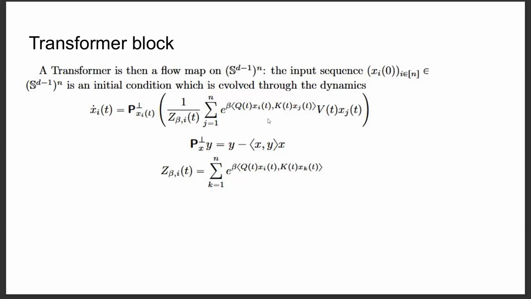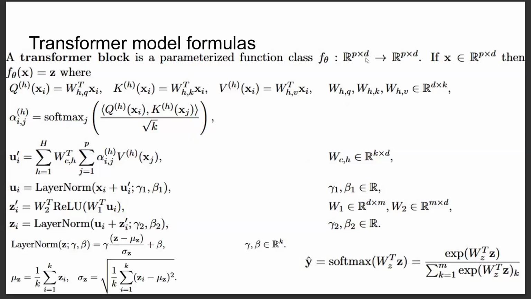We apply this softmax matrix here, which is this part with 1 over Z and the sum of exponents, and multiply it by a vector V. Then we project the velocities onto the tangent subspaces of the d minus one dimensional spheres, where d is, I remind you, the dimension of your model, the dimension of your data.